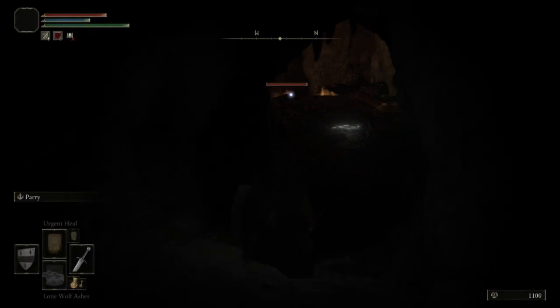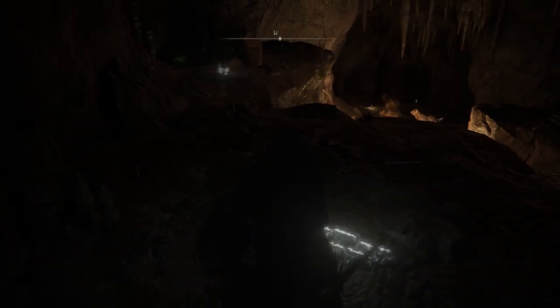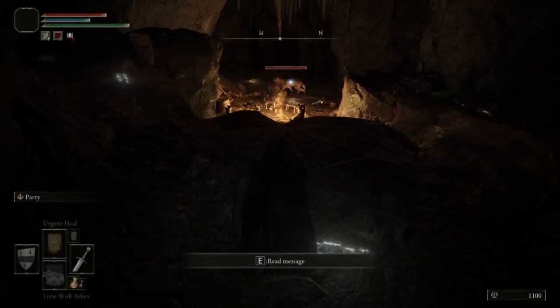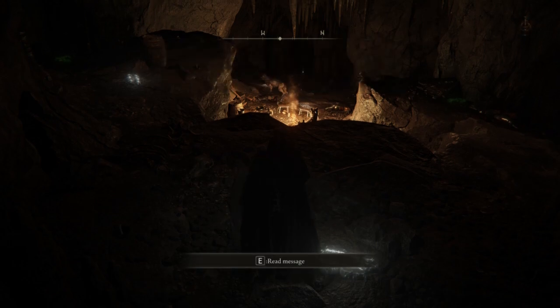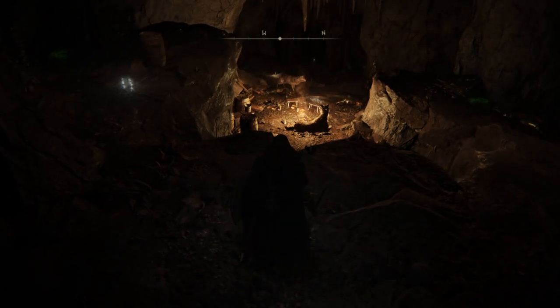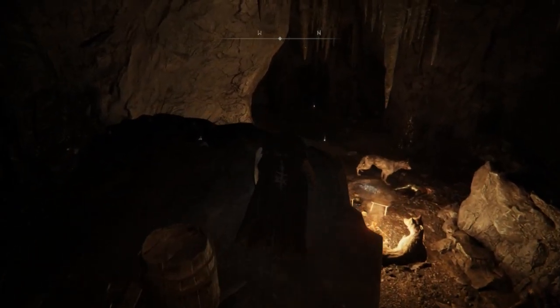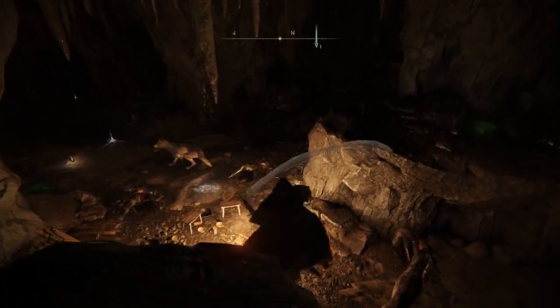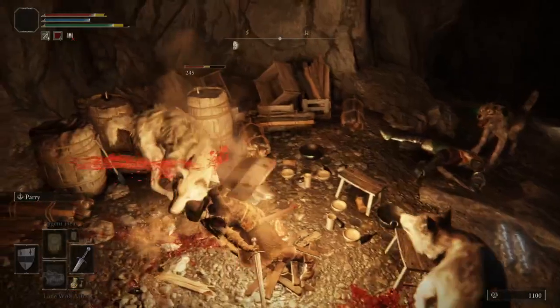I don't think we are. Oh, okay. I see something there. And I really hope it's... Oh, it's wolf. I cannot see any others. Try sorcery. Okay. I don't want to try sorcery because I'm trying jump attack. I mean, you have to do jump attack. Otherwise, I feel like you're just dead.